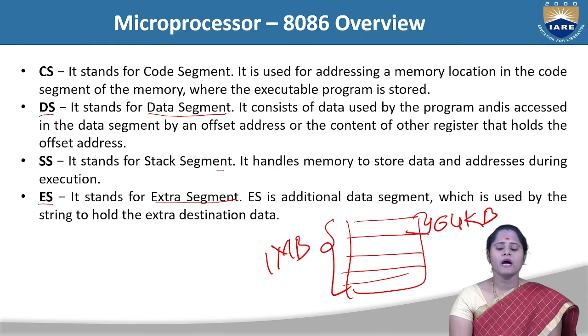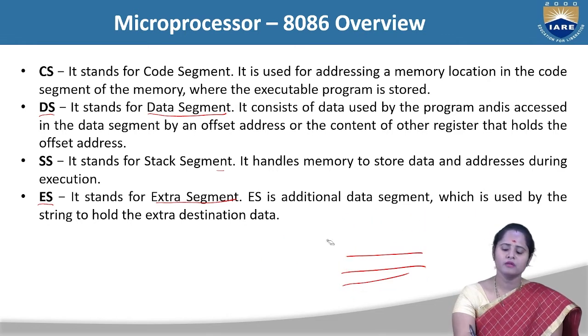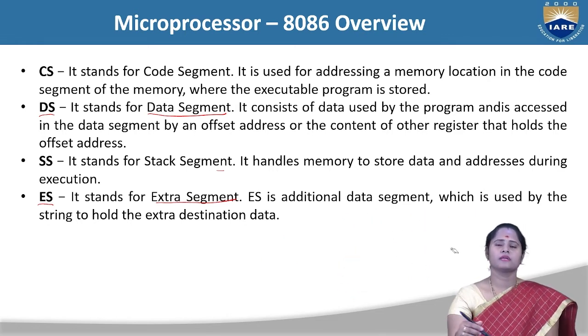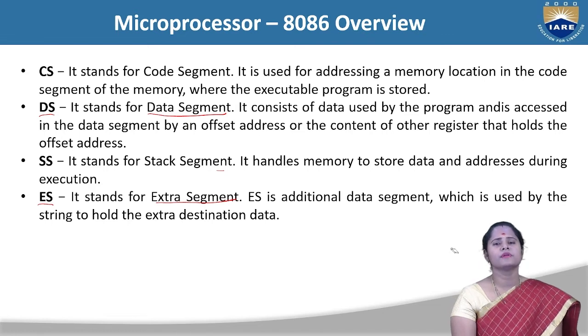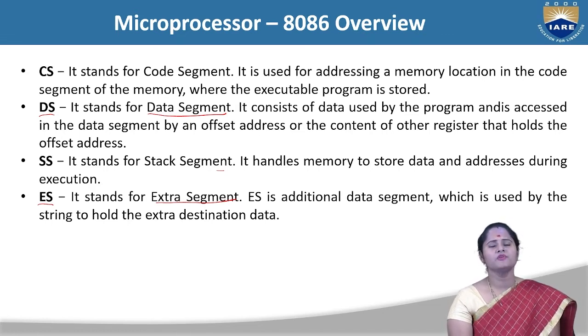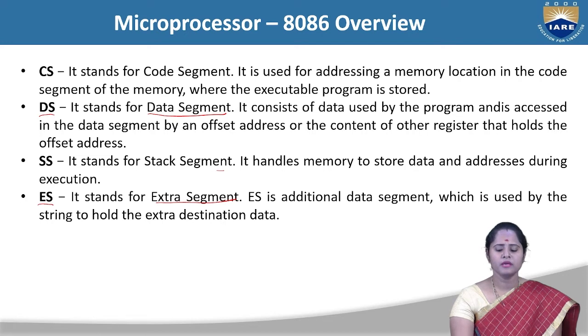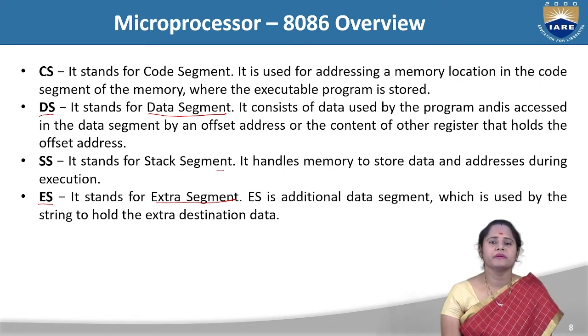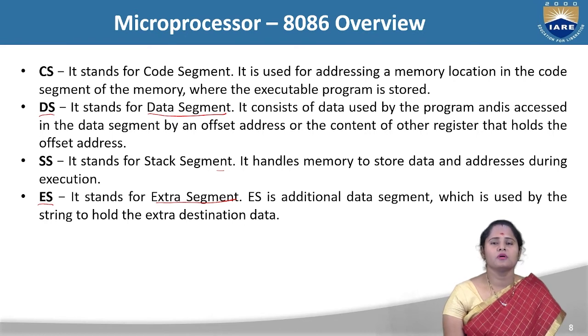I have written a code for, say, a traffic light signal, or a counter program, and I need to execute it. I've already placed it in my memory, so in which memory do I need to place it? We are discussing memory segmentation, so why is it done? Let me take an example.